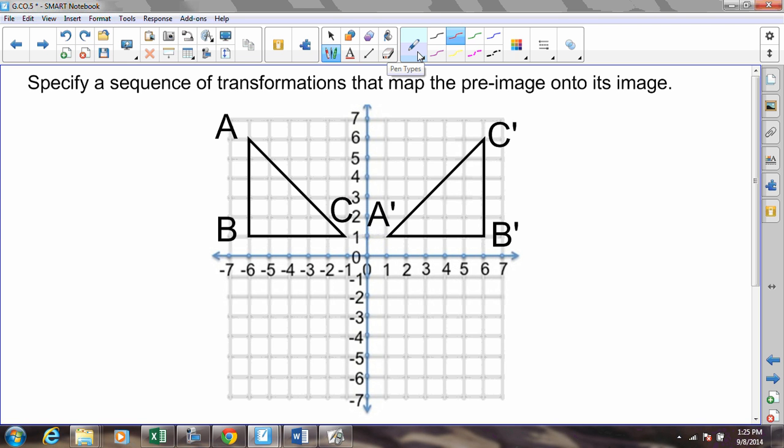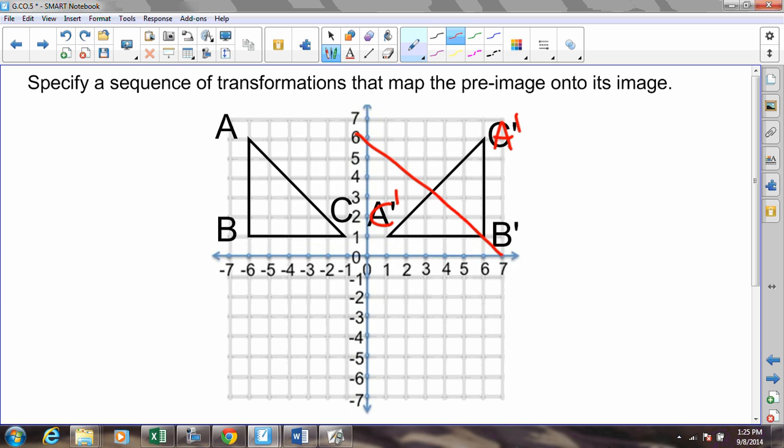For this particular one, we talked about in a previous class, because this is an isosceles right triangle, we would actually be able to reflect across this line, and that would refold it over. What I mean is, if we did the y-axis reflection, we would have C prime and A prime.